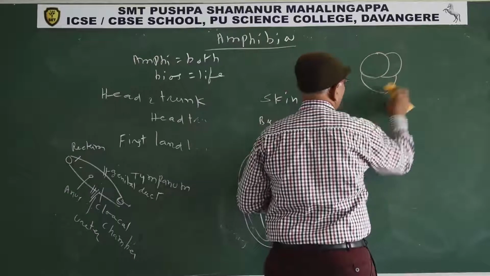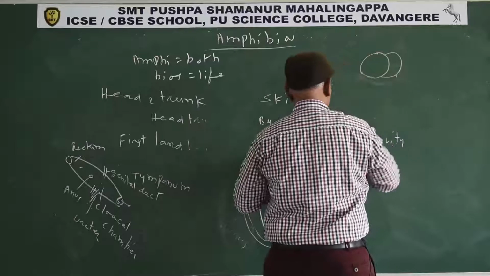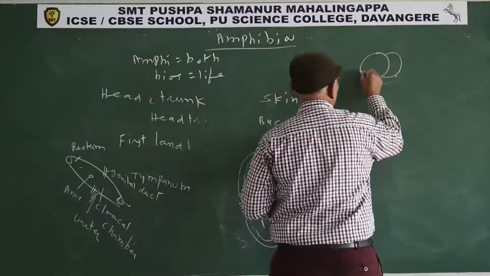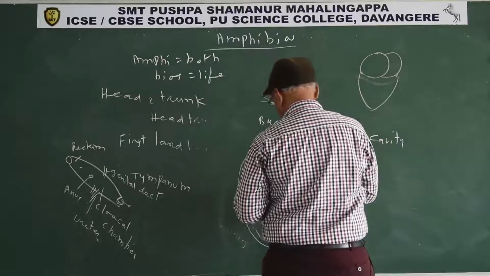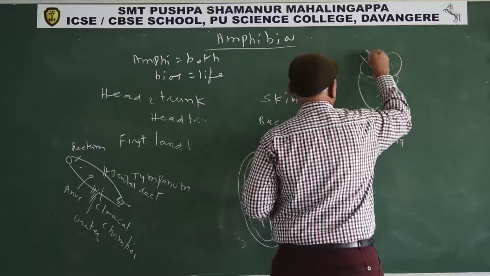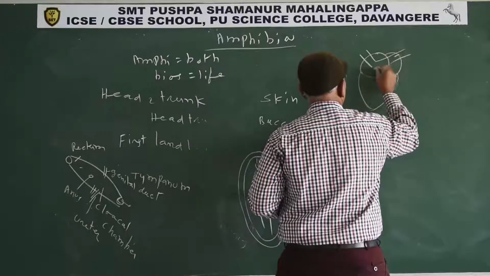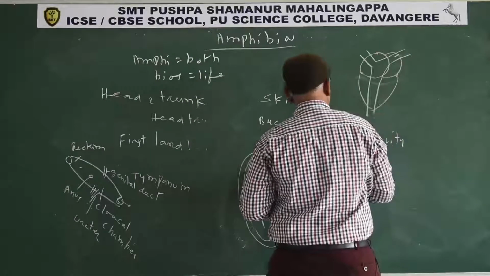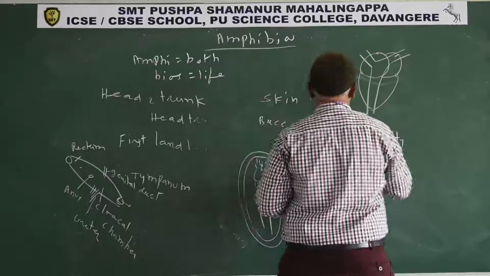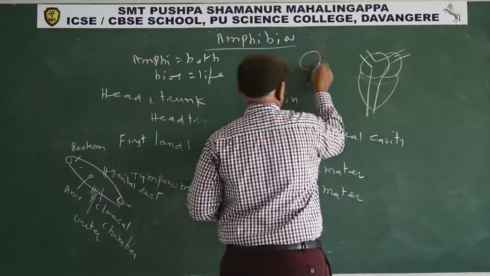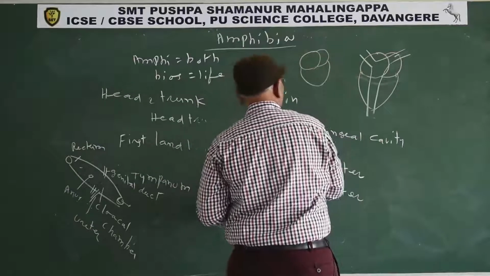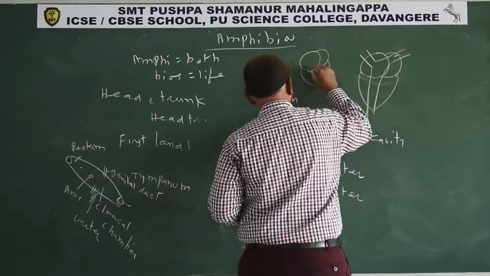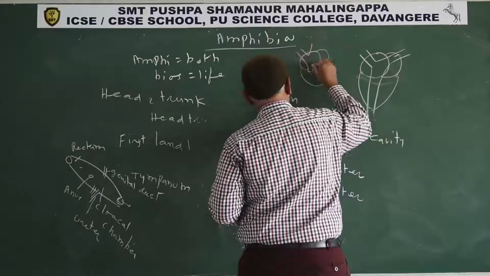Ventricle is bigger than atria. An additional chamber is present on the dorsal surface of the heart, sinus venosus. Another additional chamber is present on the ventral surface of the heart, conus arteriosus.